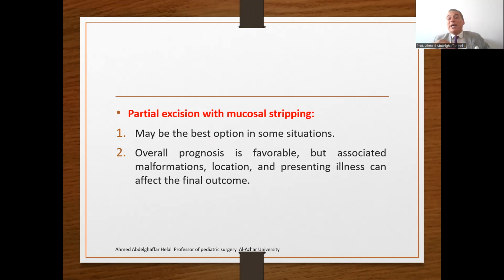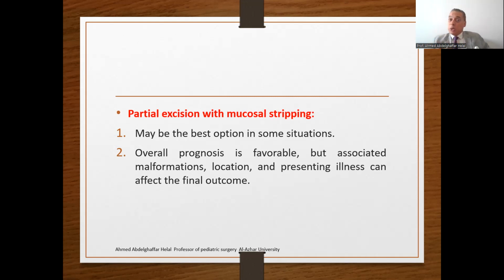Partial excision and mucosal stripping, removal of the mucosa that contains the ectopic mucosa, may be the best option in certain conditions. Overall prognosis is favorable, but associated malformation, location, and presenting illness can affect the final outcome. So strip out the mucosa and do partial excision of the duplicated part.